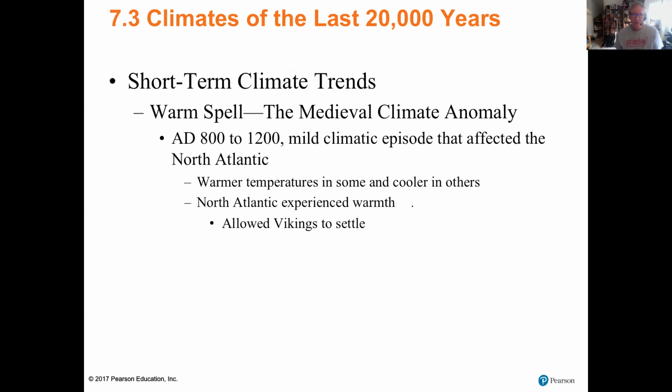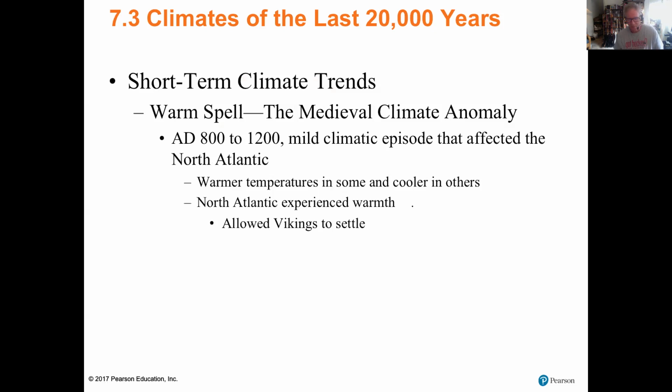Then we had this warm spell that they called the medieval climate anomaly. It lasted about 400 years, from about 800 to 1200, where it was pretty mild, but it affected the North Atlantic, where the ocean temperatures warmed up in some places and cooled down in others.